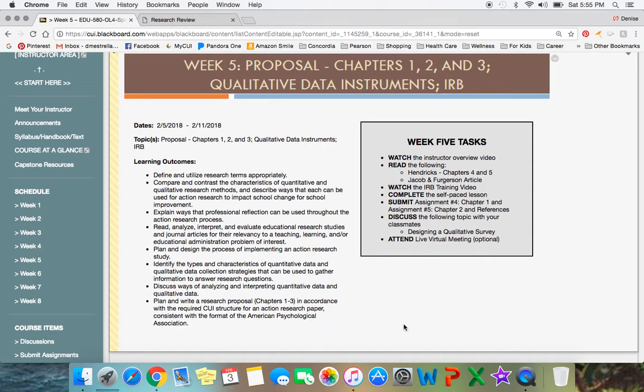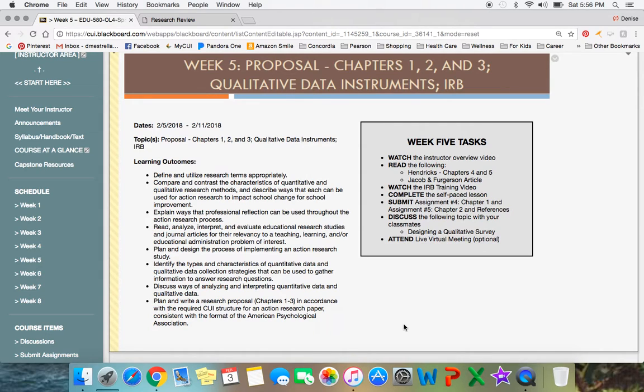Discuss ways of analyzing and interpreting quantitative data and qualitative data. Plan and write a research proposal, chapters 1 through 3, in accordance with the required CUI structure for an action research paper, which is consistent with the format of the APA.